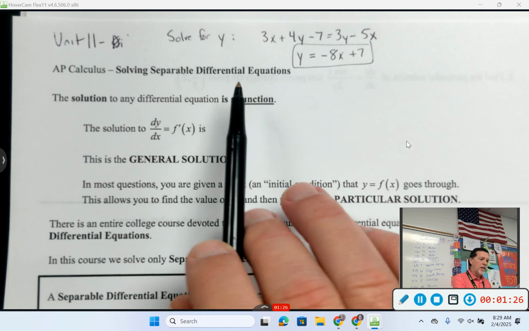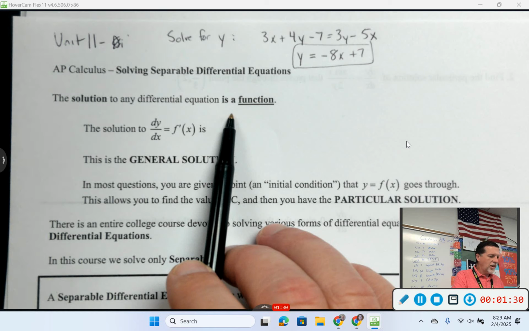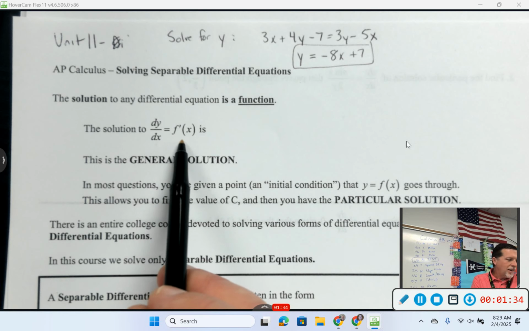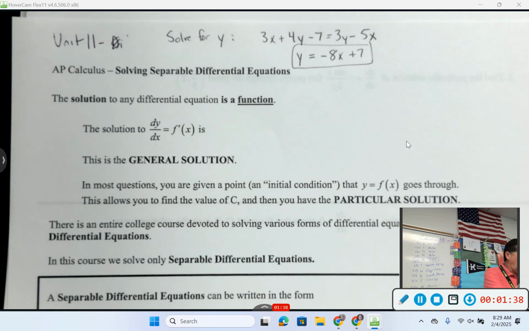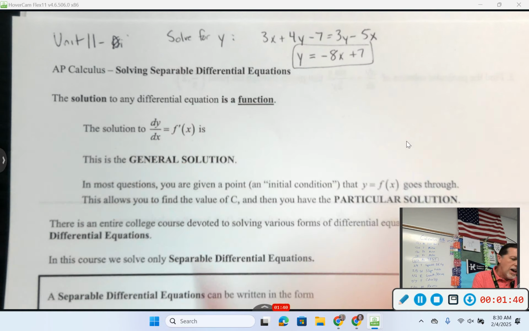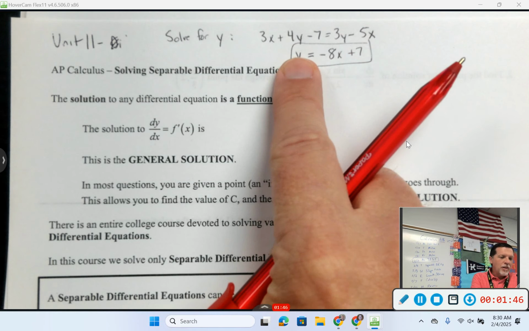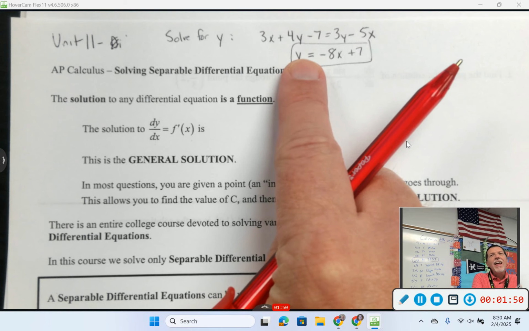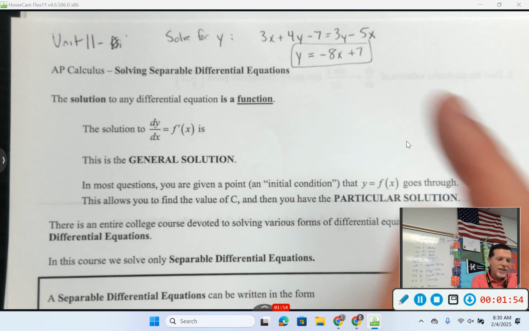Okay, the solution to any differential equation is a function. The solution to dy dx equals f prime of x. Think about this. In the library of things that you can do to both sides of an equation, like up here you added things to both sides and subtracted things to both sides, and later in your math life you learned that you could square both sides or square root both sides.